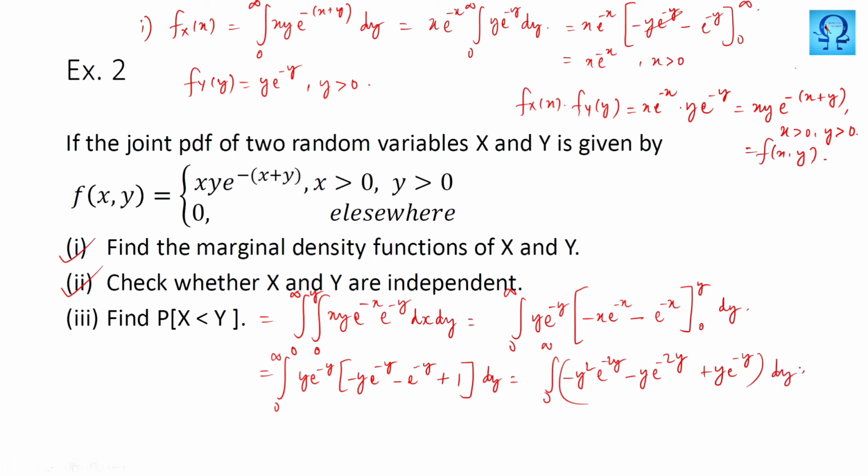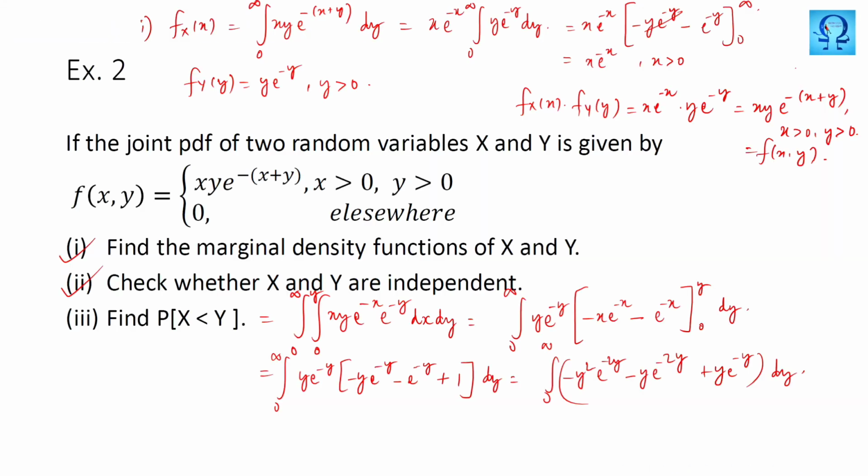Okay, all we need to do is to repeatedly apply integration by parts to all three terms, and we'll have to find the value. So I leave the remaining calculations to you. That's it. Thank you.